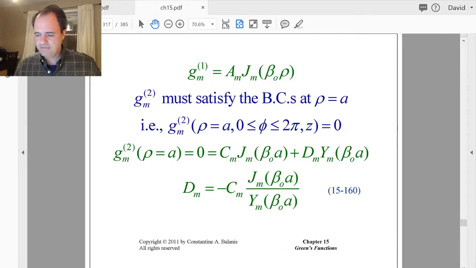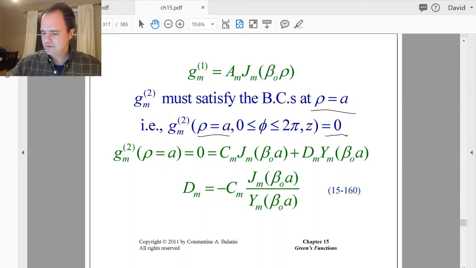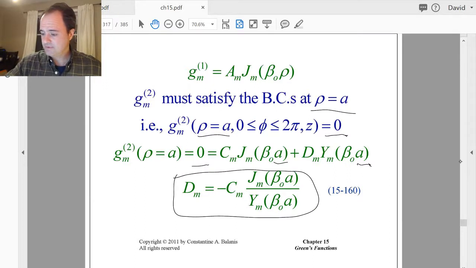It has to satisfy the boundary conditions at rho equal to a, though, which means that g at rho equal to a must be 0. So we have 0 at rho equal to a, and so we can figure out what D is in terms of C at least.